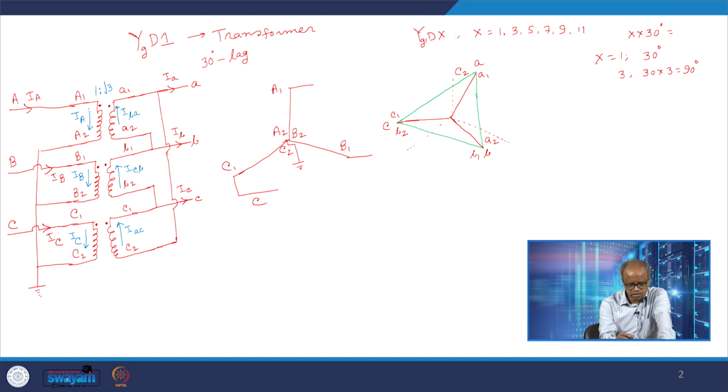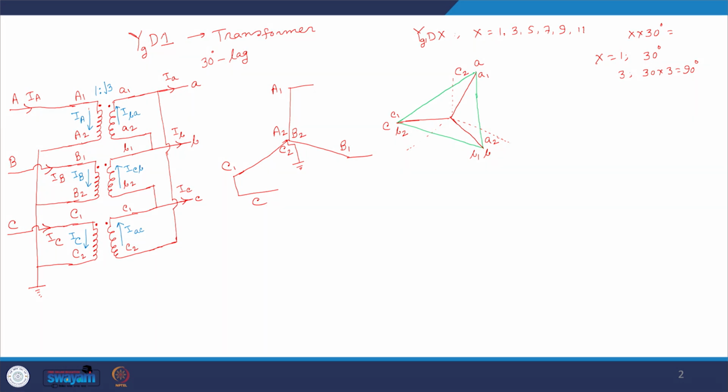So you see, just from the knowledge of this, we can very easily make the connection along with the vector diagram. Again, I repeat the process. We first take the primitive transformer windings. Then we first make the connection at the star side, and then we make the vector diagram of the star side, and in that vector diagram we reflect the connections at the star side that we have made.